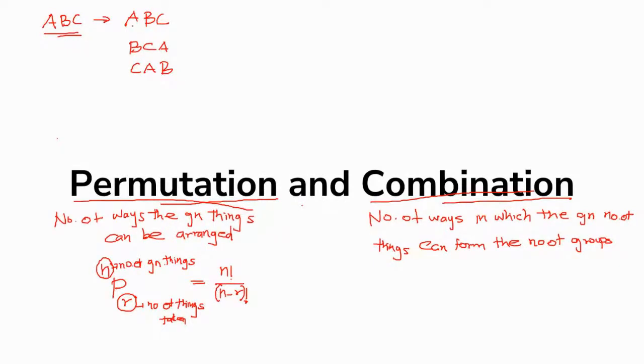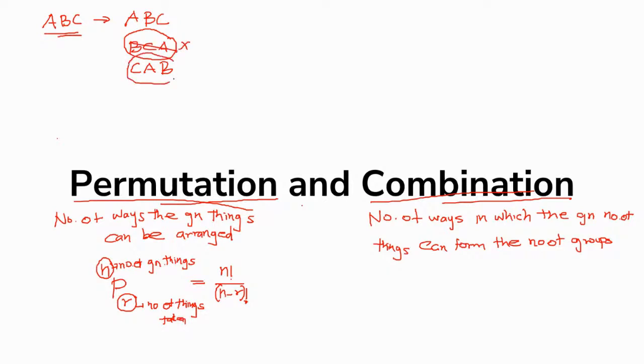ABC is a group. When I come for B, C, and A, it is not forming a new group. It is the same group, but the arrangement of the persons is different, so it will not be considered as a new group.